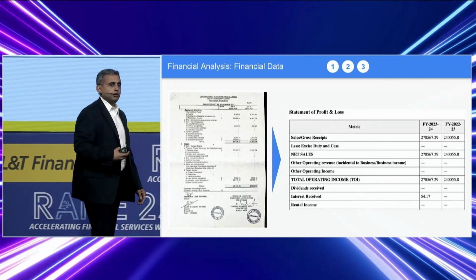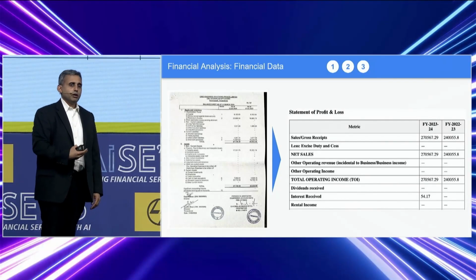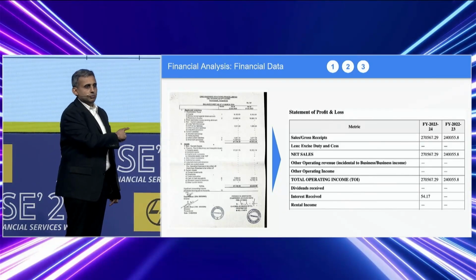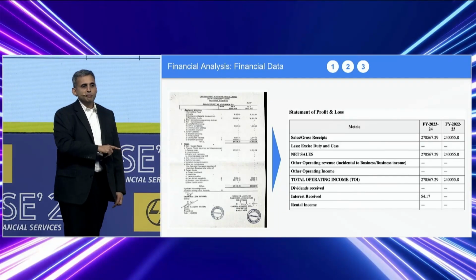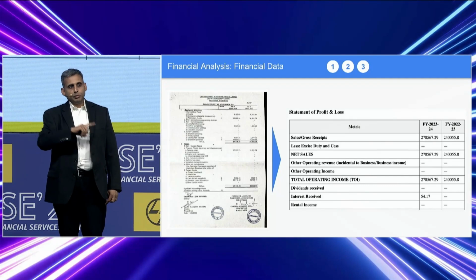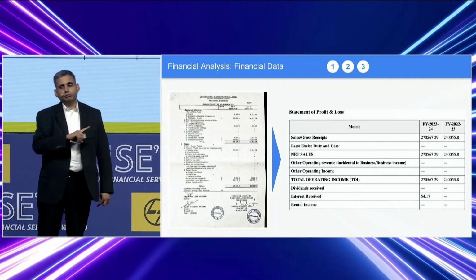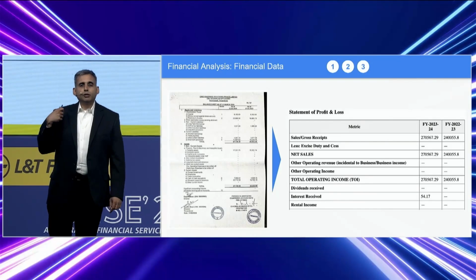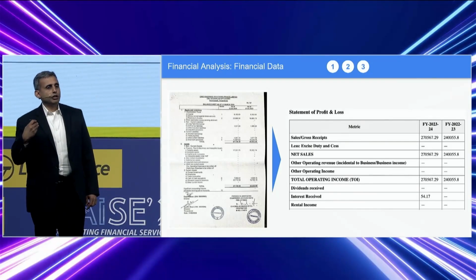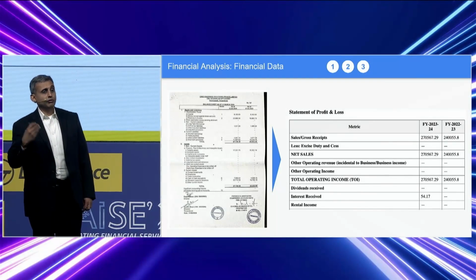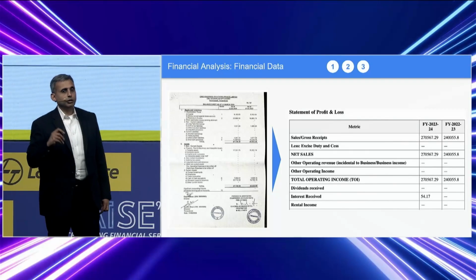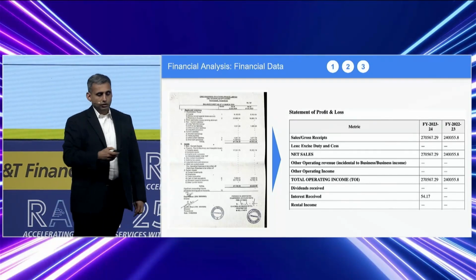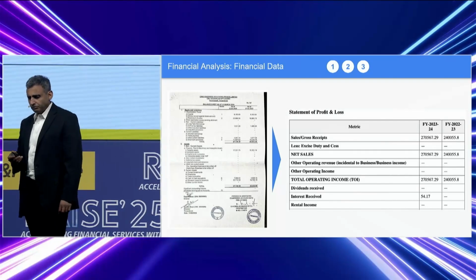But you can see from here how useful it is to be able to throw in any sort of document in any non-standard format. Forget the bank statement, which was a PDF. This is even more difficult, right? But this is what state-of-the-art is in terms of AI and these vision language models. They're able to understand these in a very quick way and with very high accuracy. And I'll tell you a little bit more about the accuracy that we're able to achieve to actually get to what we're seeing on the right-hand side.